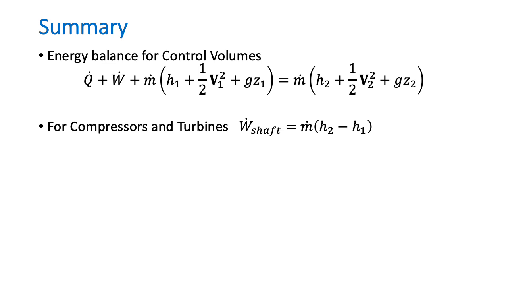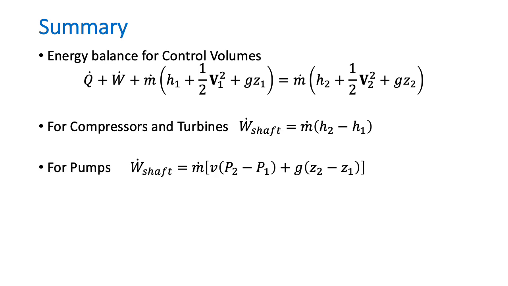For compressors and turbines, the rate at which shaft work is supplied to the control volume is equal to m dot (H2 minus H1). For pumps, the rate at which energy is supplied through shaft work is m dot V (P2 minus P1).